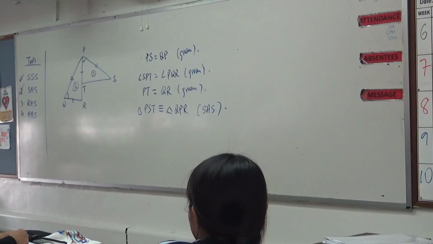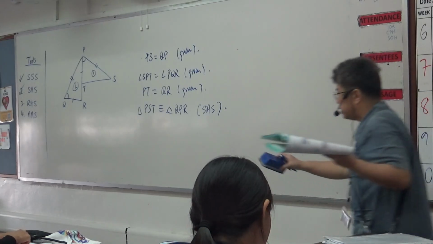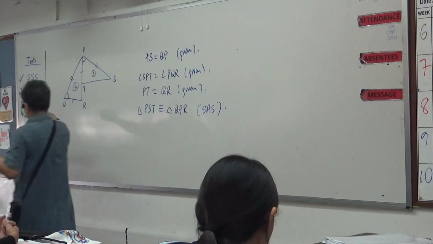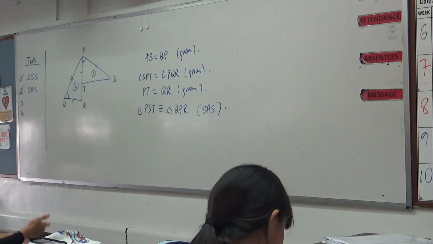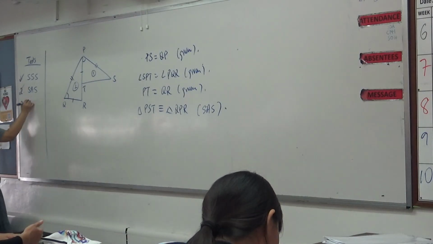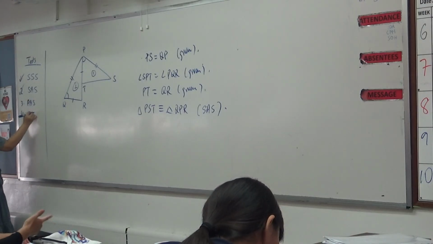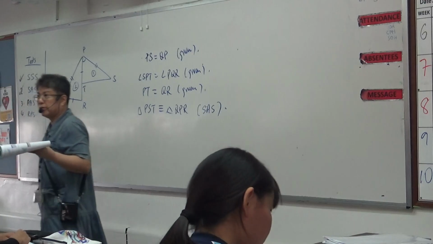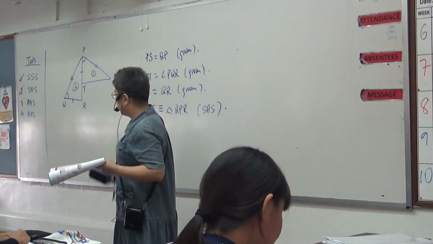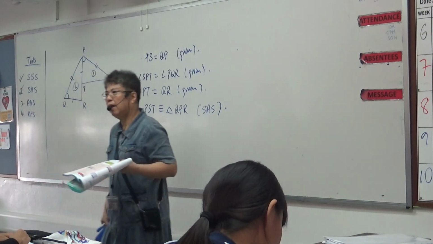Okay. Now I'm going on to the third test. AAS. Now can I solve this because I think I write it in the wrong order. AAS and then RHS. I want to follow the order of the textbook, then it's not confused. Now, as the name suggests, AAS means what?